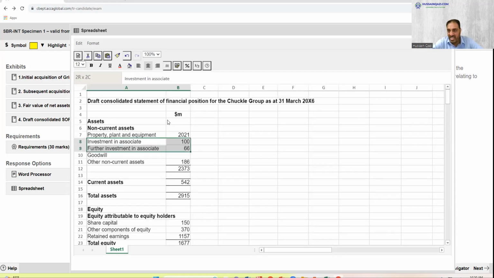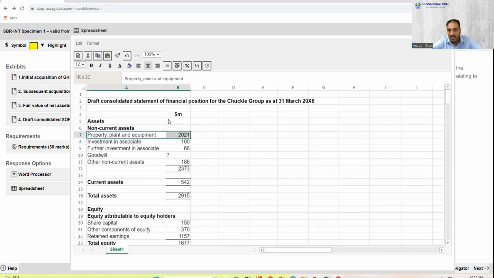So with the context of the question, it's cost: 100, the original 30% cost, and further investment 18%, 66 cost. So equity accounting is missing here. It's already mentioned in the context of the question. Goodwill is missing here.